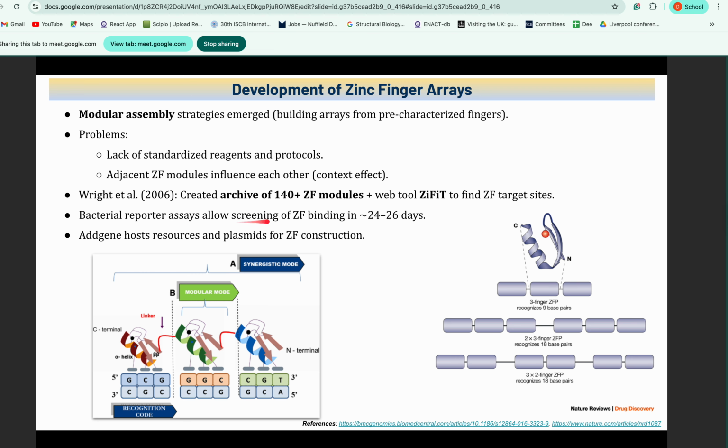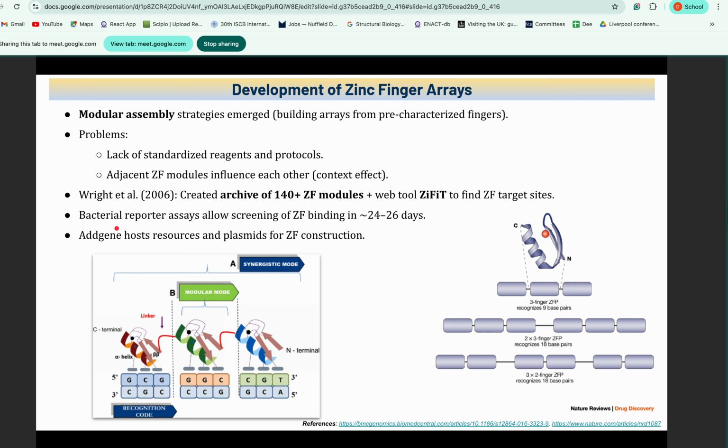Bacterial reporter assays allow the screening of zinc finger binding in 24 to 16 days. So we can also test them and check in the bacteria how it is working, whether they are able to precisely bind to that region or not. Addgene hosts resources and plasmids for the zinc finger construction.